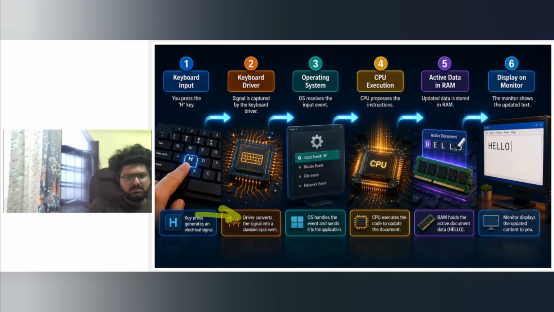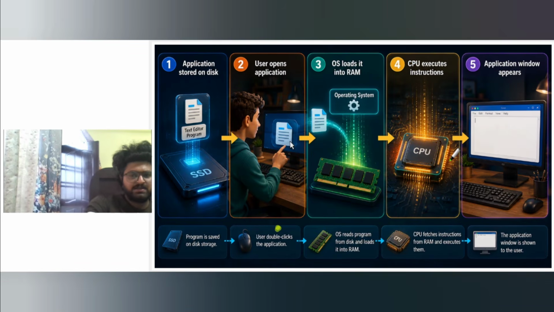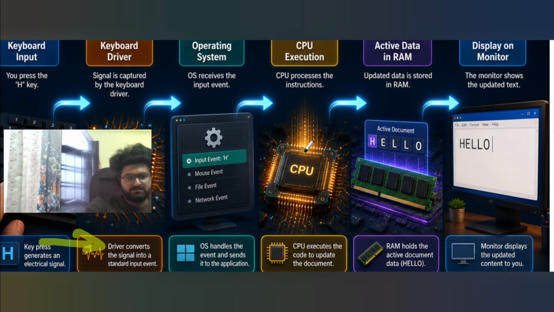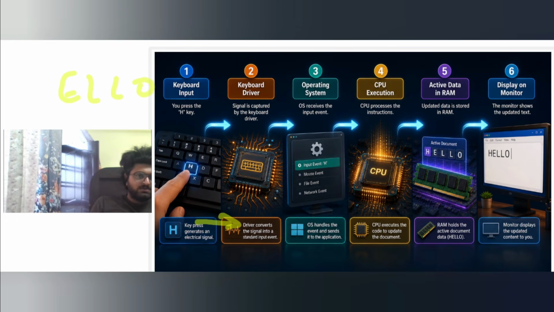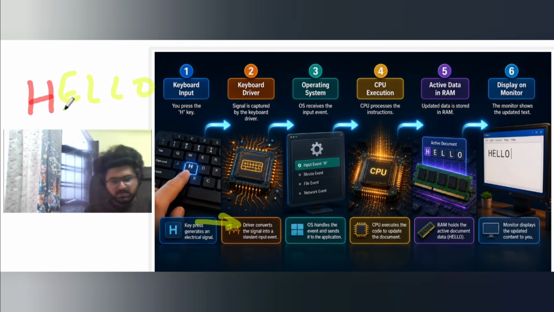Maybe in the text file as explained earlier, there was an H missing. So the RAM updates that, and then the output is displayed on the monitor, such as ELLO is now HELLO since the H was added.